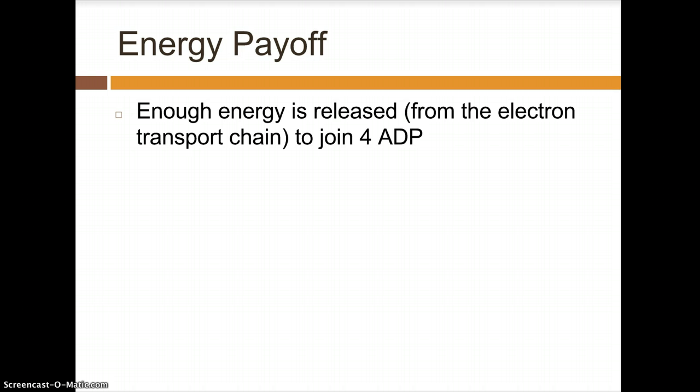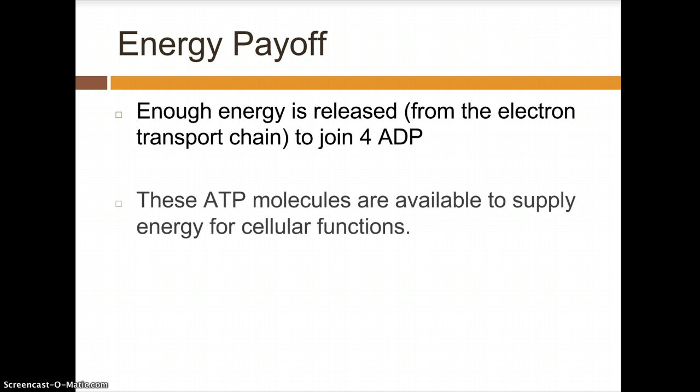So then we look at energy payoff. Enough energy is released from the electron transport chain to join 4 ADP with phosphate groups to create ATP. What I mean by the electron transport chain is the energy invested from ATP on the previous slide, as well as the NADH on the previous slide. There's enough energy released there that we can create 4 ATP.